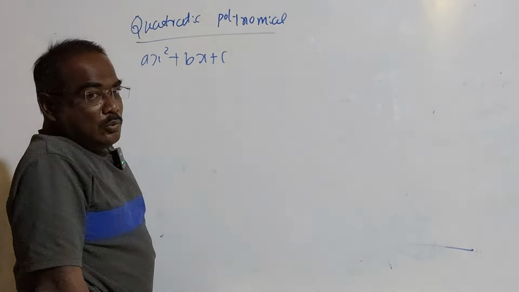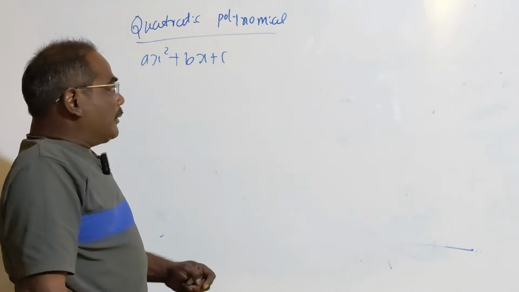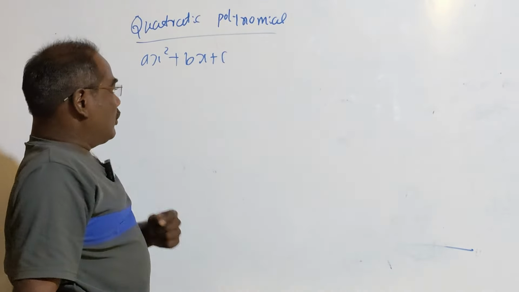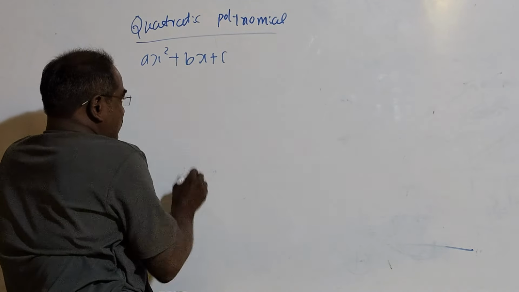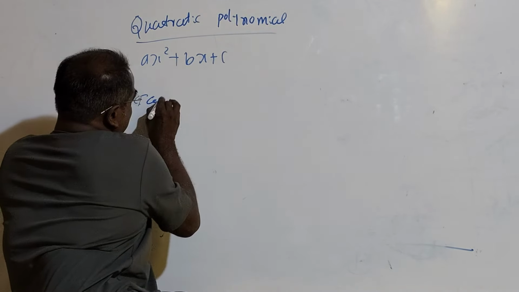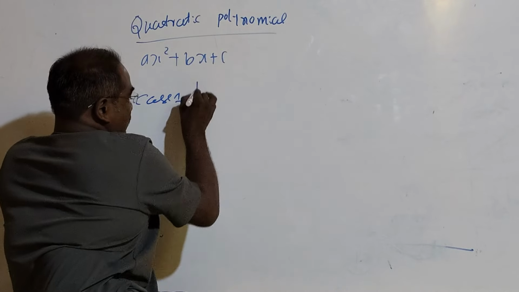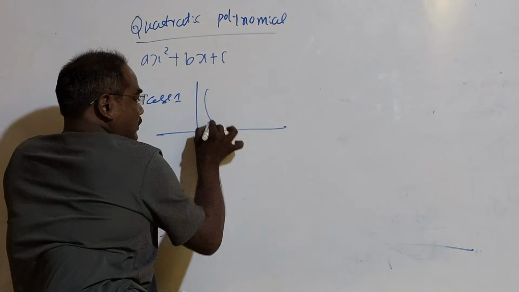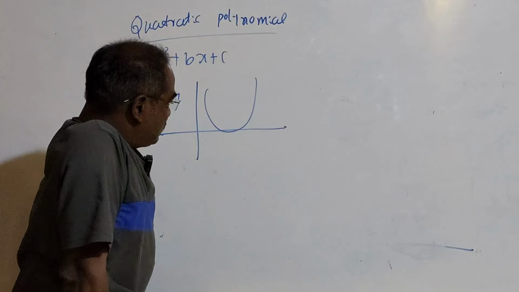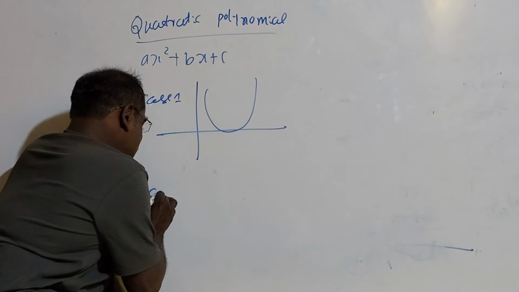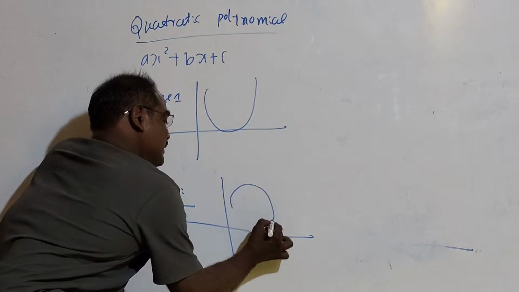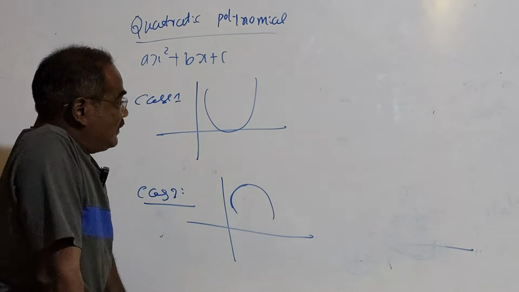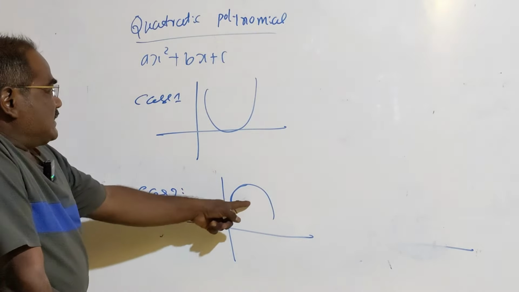Generally, we have two types of quadratic polynomial graph. Case 1, this. Case 2, this.